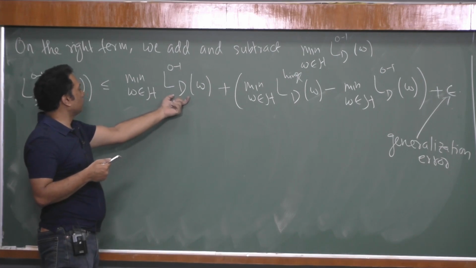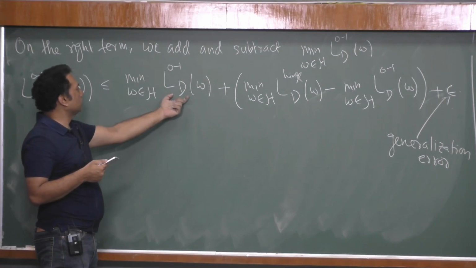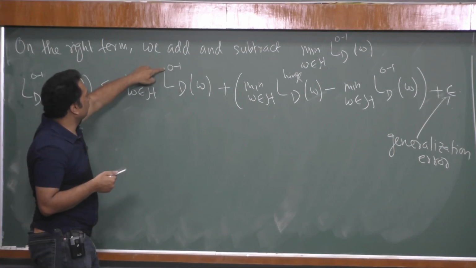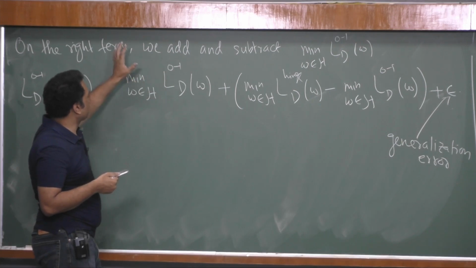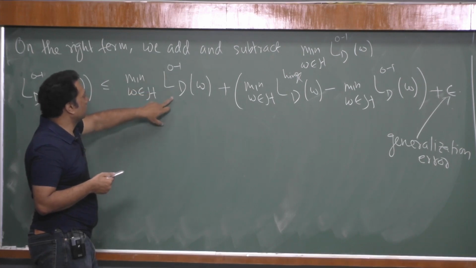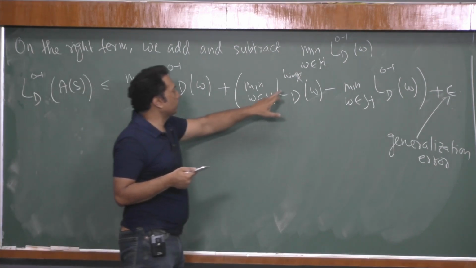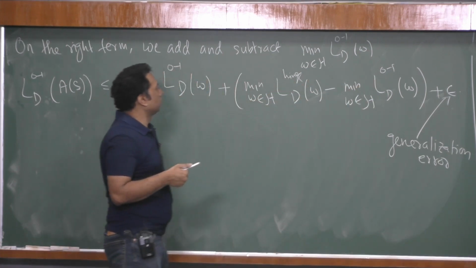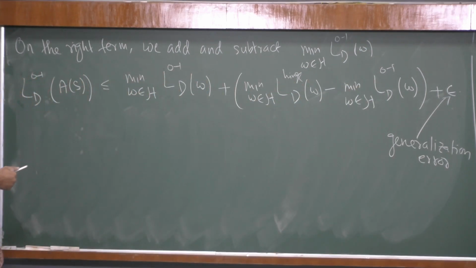And this is the error that I will have with the 0-1 loss. Okay, and this is the test error I will have on the 0-1 loss. So let us say I have trained on some samples, and then I check the actual error with the 0-1 loss. So that's this, and then this tells us how far the losses are with respect to the hinge loss and the 0-1 loss.